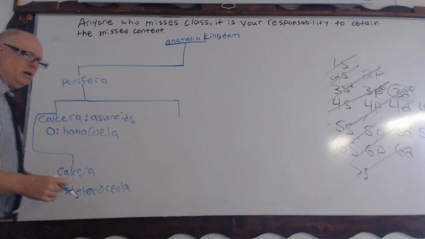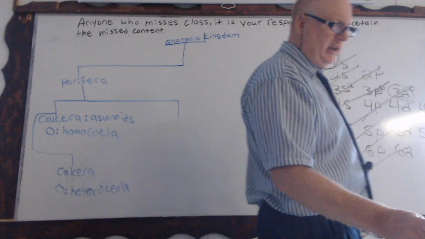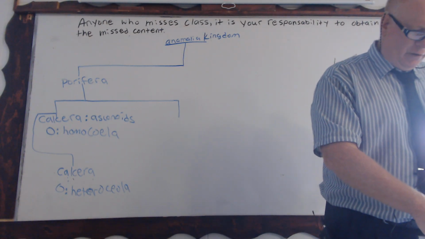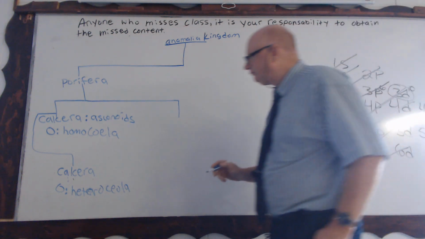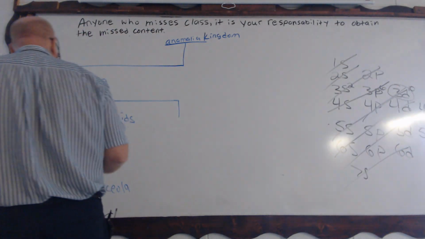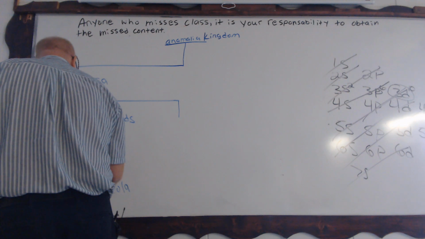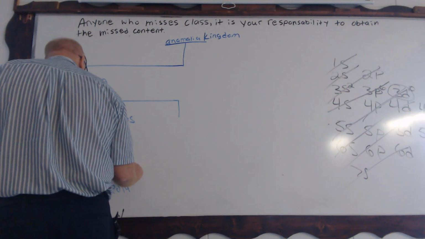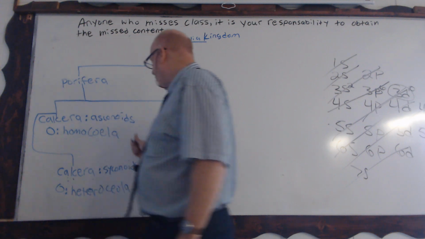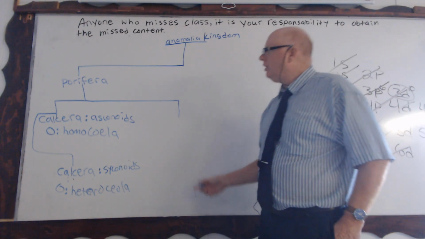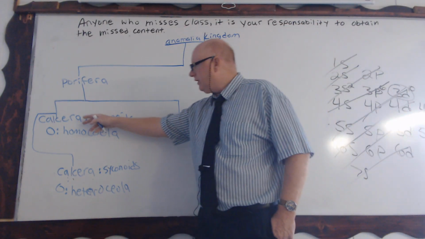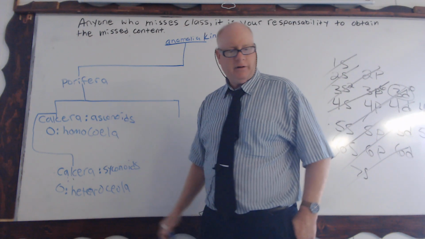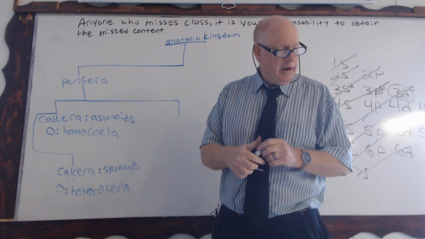Okay? So we just want to start breaking these down because we're going to associate this order more so with the sycanoids. So the asconoids and the sycanoids belong in this class Calcarea, but then they are in different orders. We'll move on to that of the leuconoids.